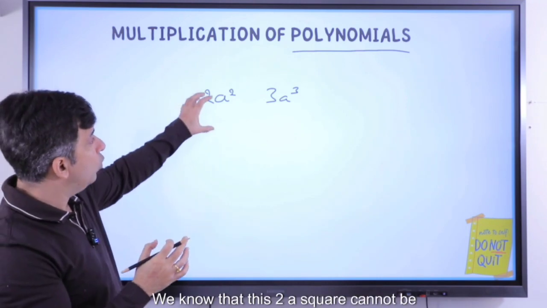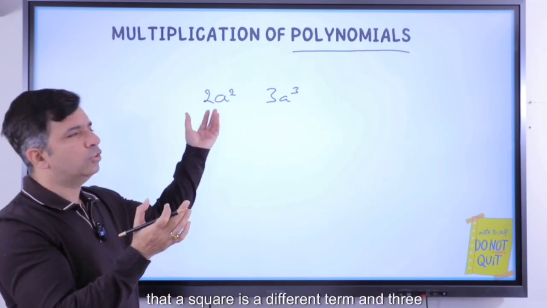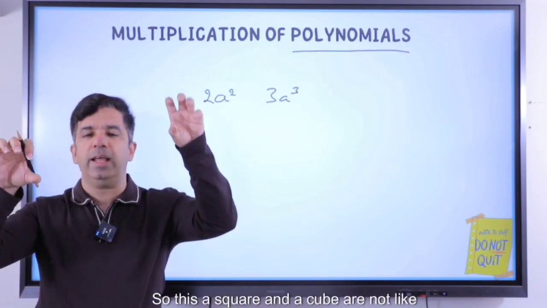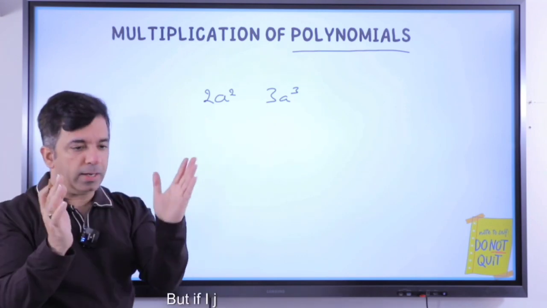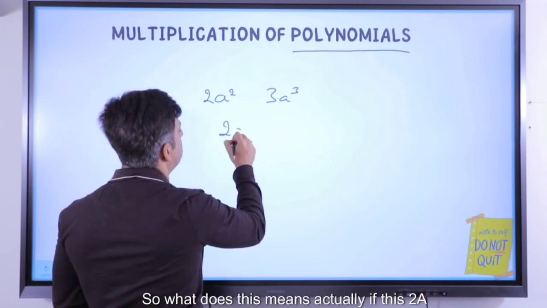We know that this 2a square cannot be added to this 3a cube because a square is a different term and 3a cube is a different term. So a square and a cube are not like terms. They cannot be added. But if I multiply these two terms, what does this mean?